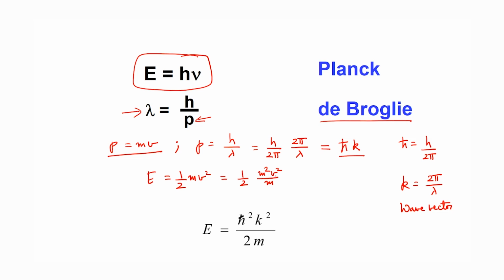So, instead of m square v square, I can write h bar square k square. So, energy is h bar square k square by 2m, and that is the equation that I have got down here.